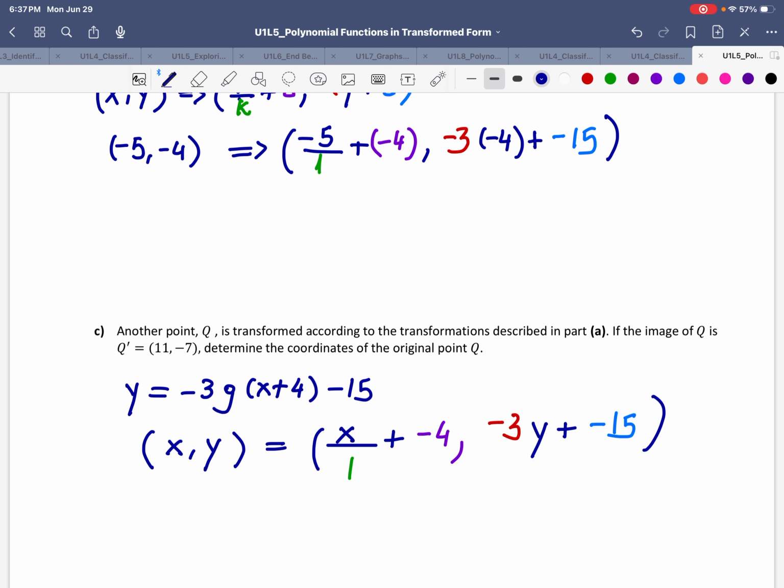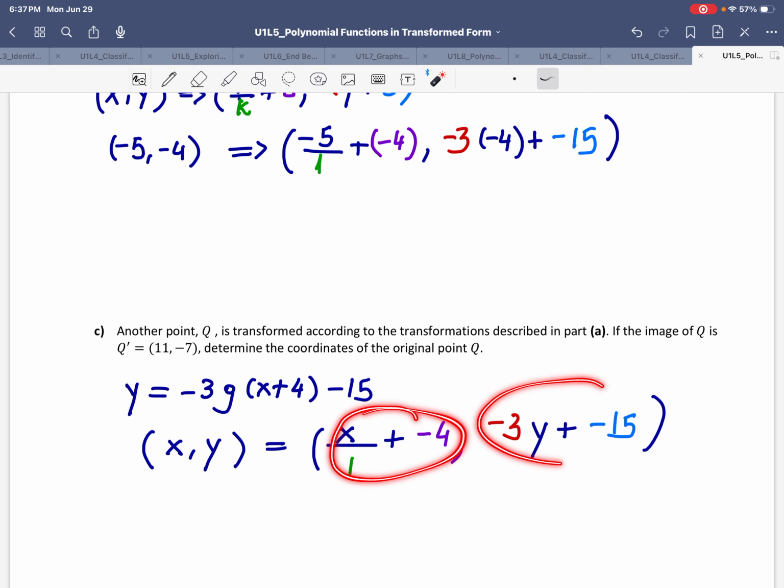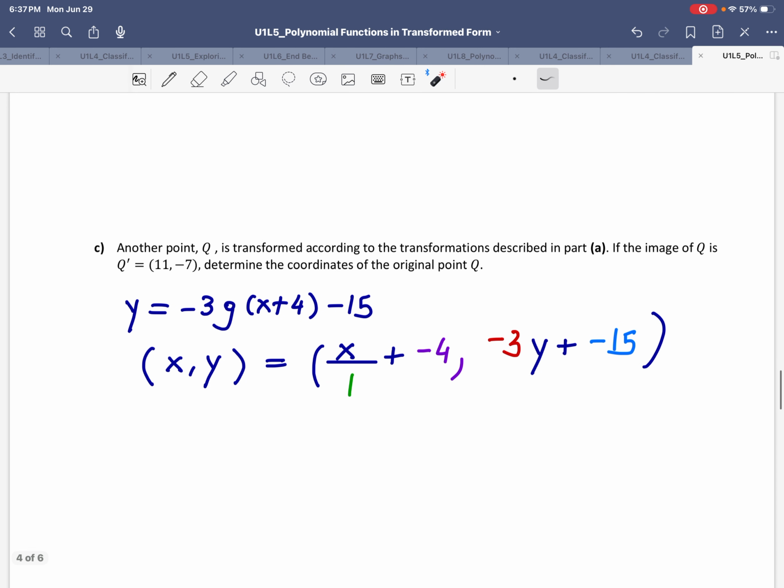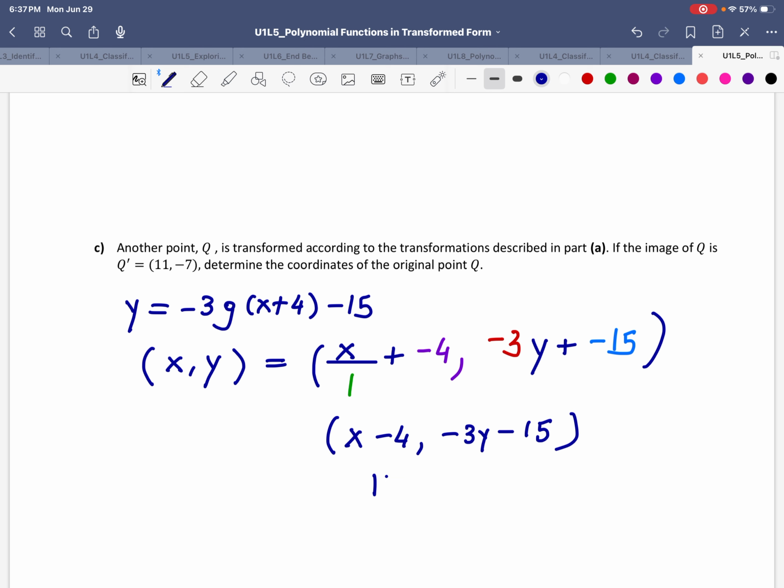Now, what we're given in this case are basically the image coordinates. So what that means is that if this is in more simplified form, x minus 4 and negative 3y minus 15, we will know that the numerical values will be 11 and negative 17.